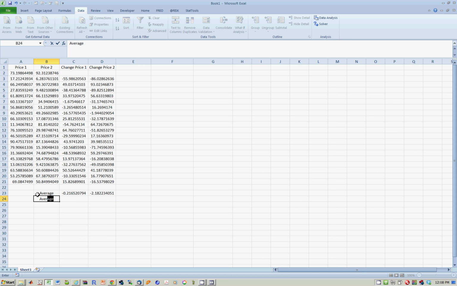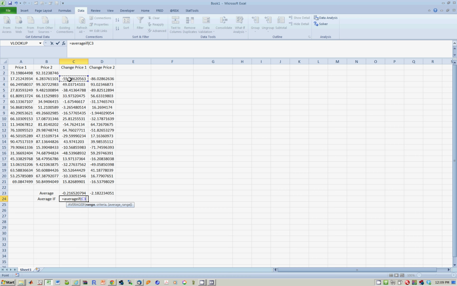Now what I want to do is use the average if command. I don't want the average anymore of all numbers. Let's suppose I want the average of only changes in prices that were positive. So what you now want is average if. So it's asking you what's the range of the data in which this criteria is being applied, what is the criteria, and where is the range in which I should take the average.